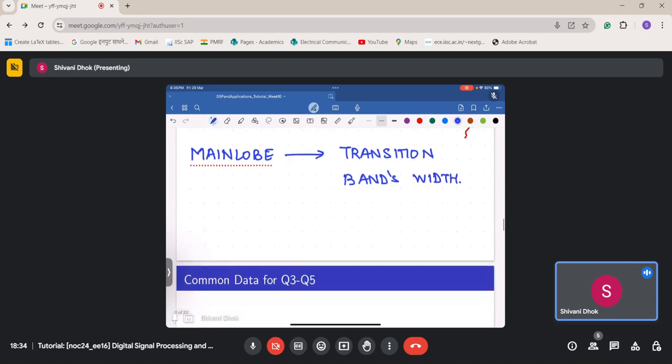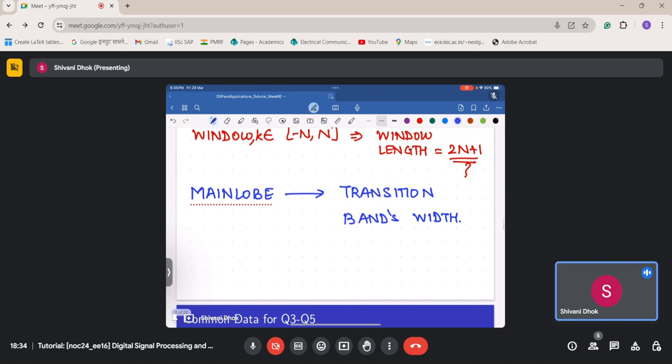And what is this transition width? Let's say I denote it by omega t. This omega t, which is the transition width, is basically the difference between my passband and stopband edge.